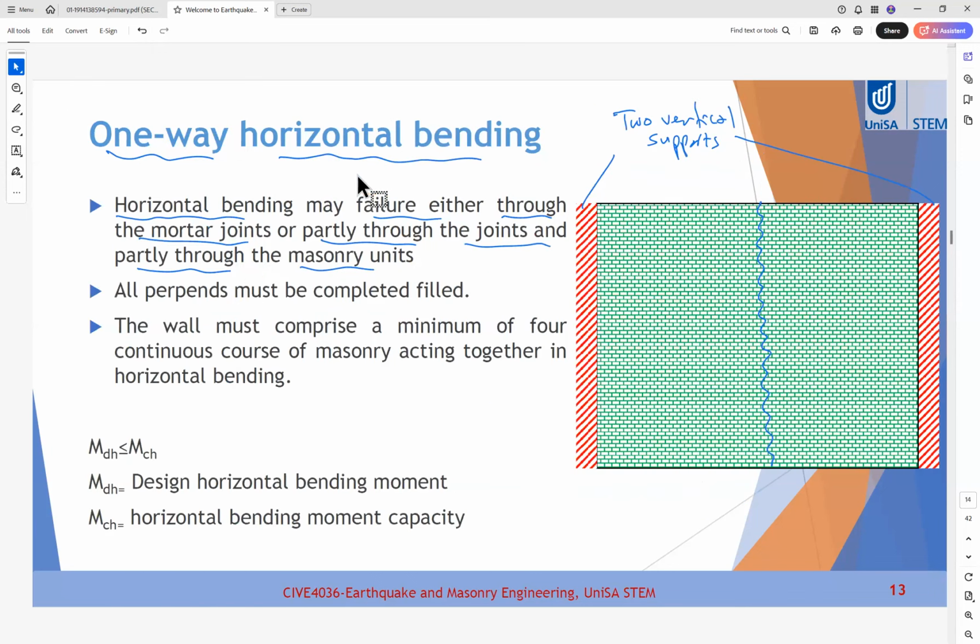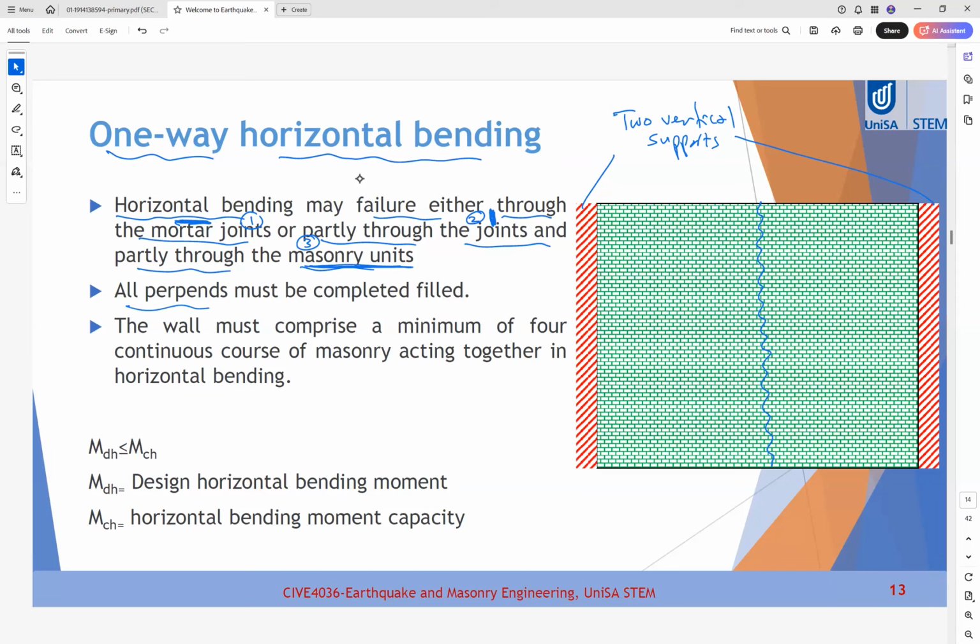So we have three types: the mortar joints, horizontal and vertical, or partly through the masonry unit. We can have three types of failures for this wall.